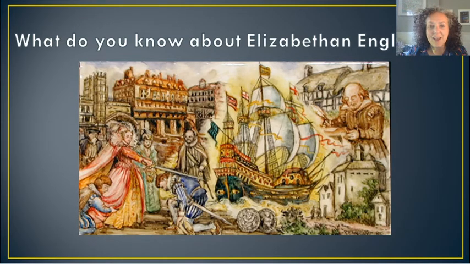Okay, so first thing I'm showing you here is a picture of Elizabethan England. So what do you already know about Elizabethan England? On the top right there's a picture of William Shakespeare scribbling away. We've got a very dirty, dusty looking city. Queen Elizabeth I is there on the left hand side.